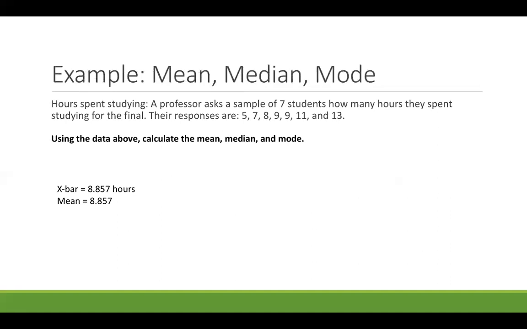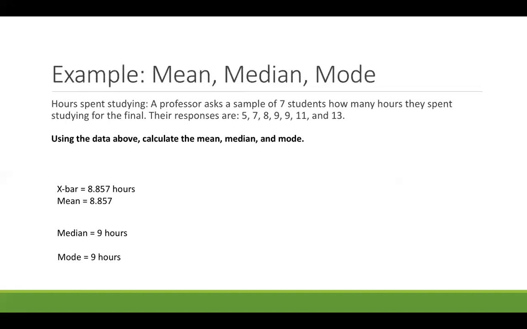And we just got that by adding up the numbers there and then dividing by 7. The median is 9 hours. We're lucky because we already have the data in order from smallest to largest, so we could just cancel values out and see that 9 was the median. And then the mode is 9 again.